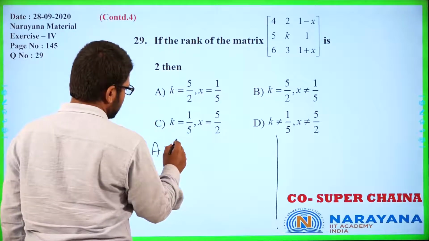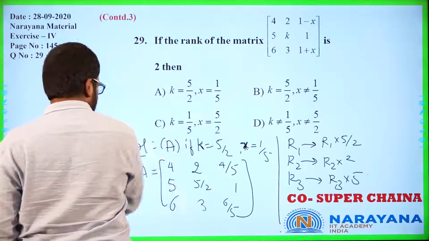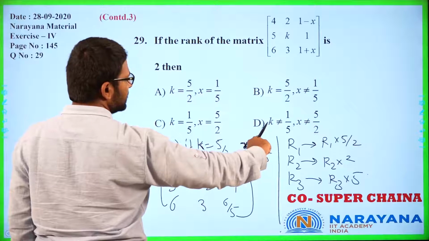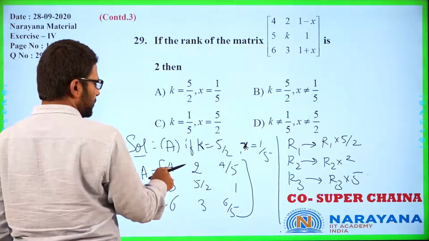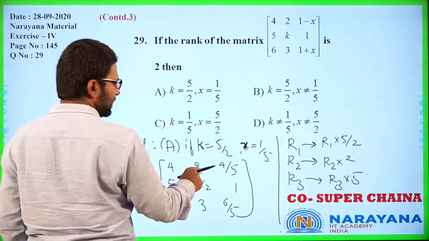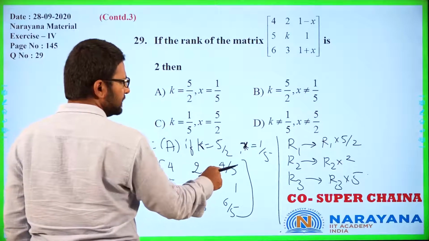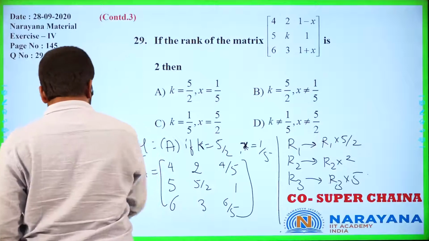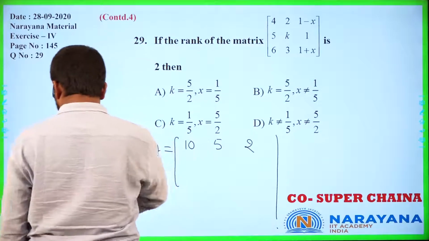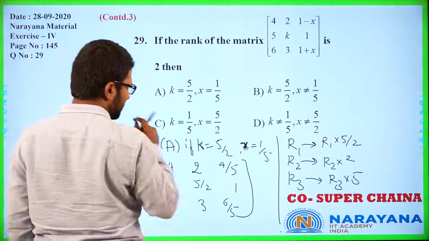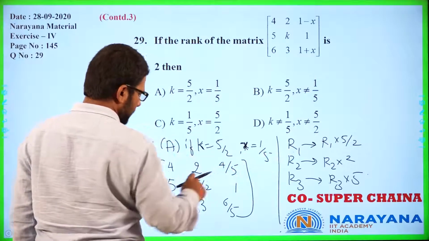Now let us see what we get. Then A is going to be the matrix. We multiplied R1 with 5 by 2. So 4 into 20 by 2 is 10, 5 and 2, right? We will have 10, 5, 2. Then R2 goes to R2 into 2.